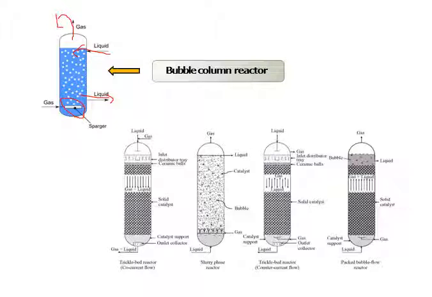Another example, taking the concept of the bubble column, is the trickle bed reactor, also called co-current flow, in which the gas and liquid flow in the same direction and go out, and there is solid catalyst inside.